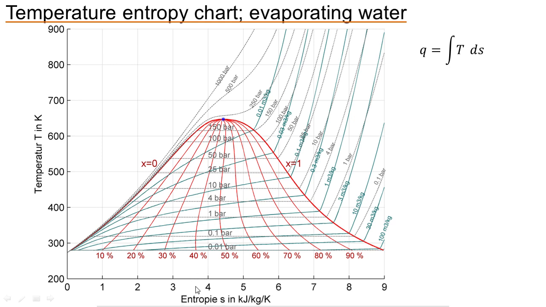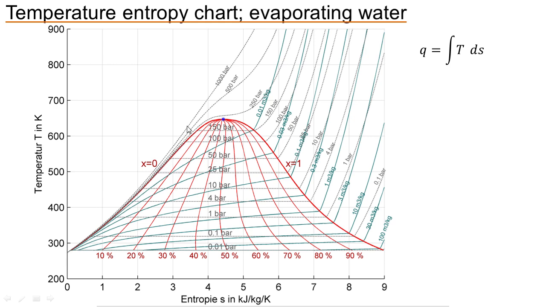It is important to know that you have lines here that have the same pressures. This means if you have a pressure of 1 bar, you will always stay on this line. If you have 10 bar, you will stay on this line here. All these lines come together here and go down to this point. So if I get down to 150 bars, I go down here and they all go together here.